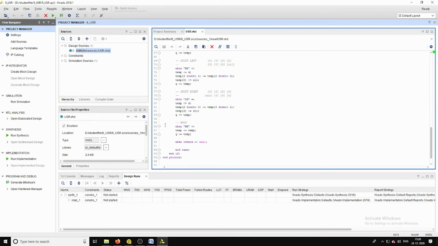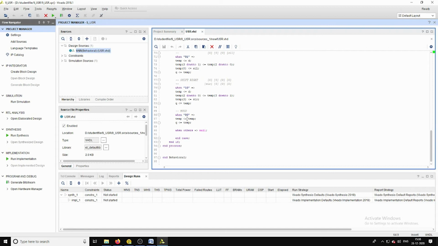While coming into the fourth case of 0 0, the temporary signal is having some previous value, which is again stored to the same temporary variable when the selection line is 0 0.